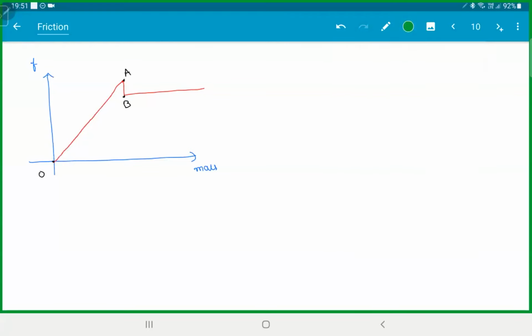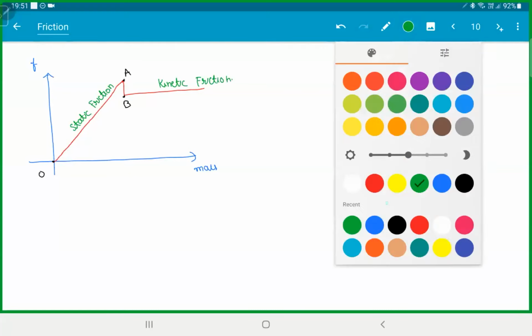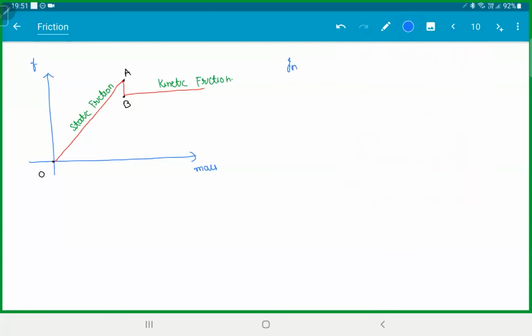From O to A, we call this static friction. Static meaning there is no motion, no relative motion. And this is called kinetic friction. I'll define it. In the region OA, the block does not move.